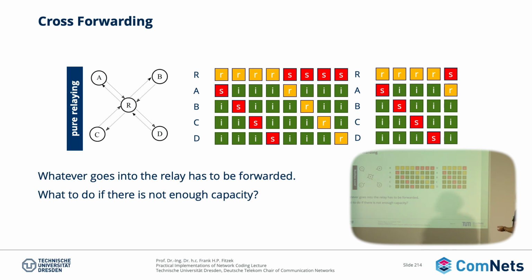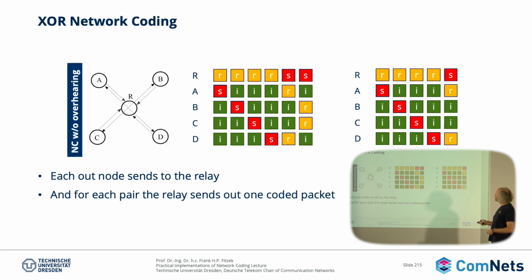And then last time we already discussed that with network coding, there are 2 ways of network coding. One is network coding between the flows of A and D, which would be the XOR network coding. Now we are just saying, okay, instead, when we fill up the relay, sending always Alice, Bob, Charlie, and Dave to the relay, then the relay only needs to send twice in the case that there's not enough load in the system.